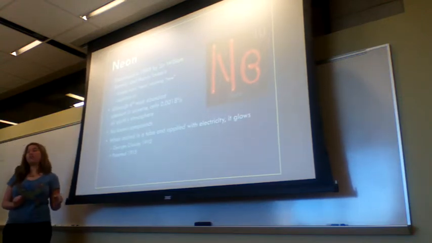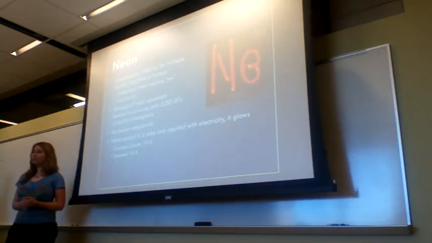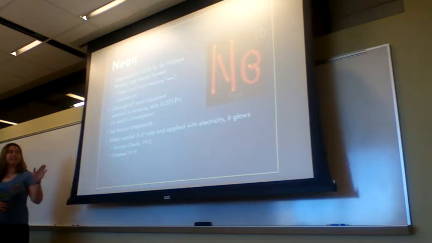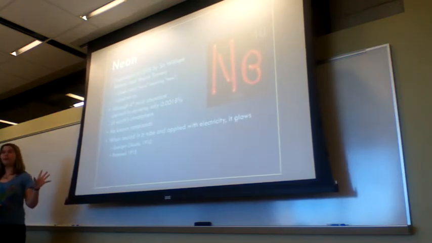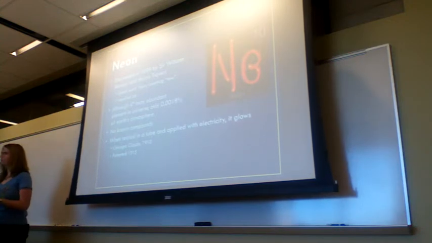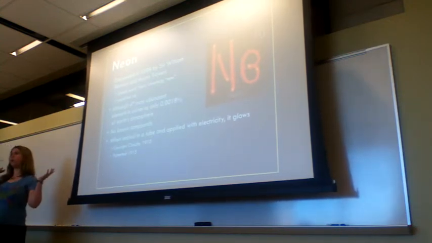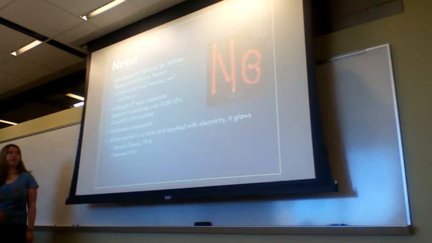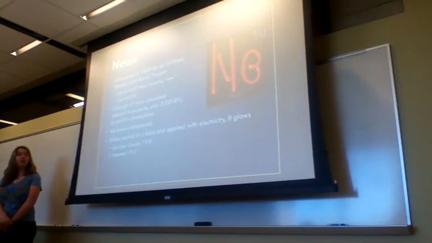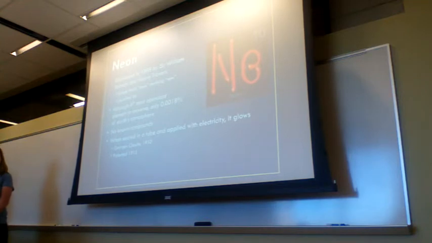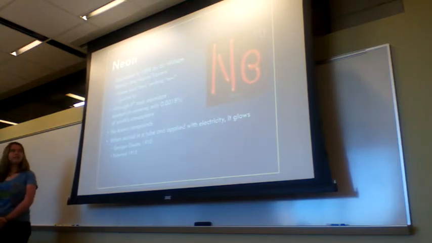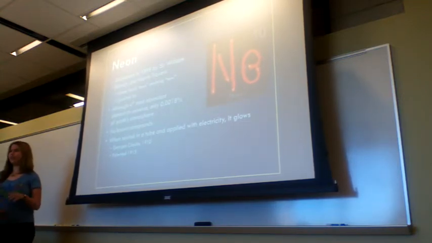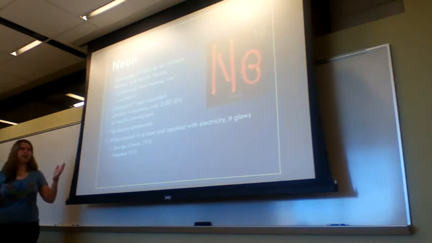It is technically the fourth most abundant element in the universe, although there are only minute amounts in our atmosphere, for the exact same reason as helium: it just keeps on going past the atmosphere and off somewhere else. It has no known compounds, even now, and when it's sealed in a tube and electricity is applied, it glows, which is where we get our neon signs.